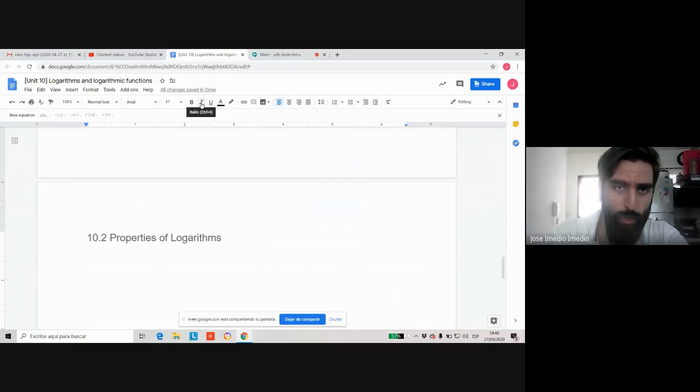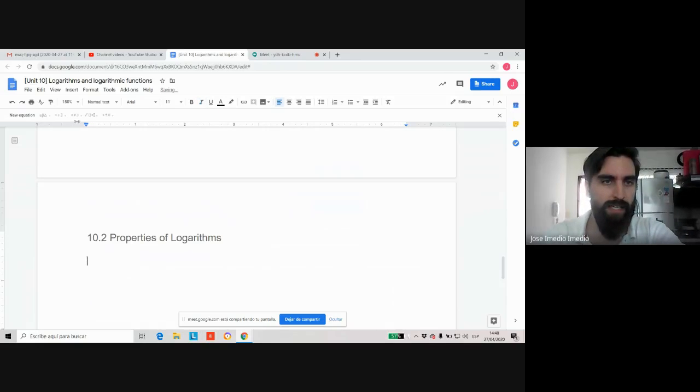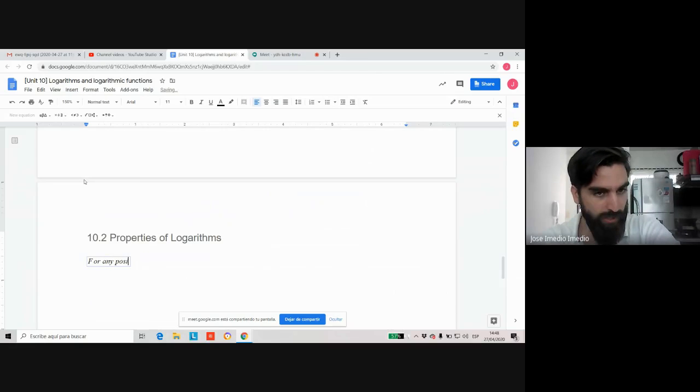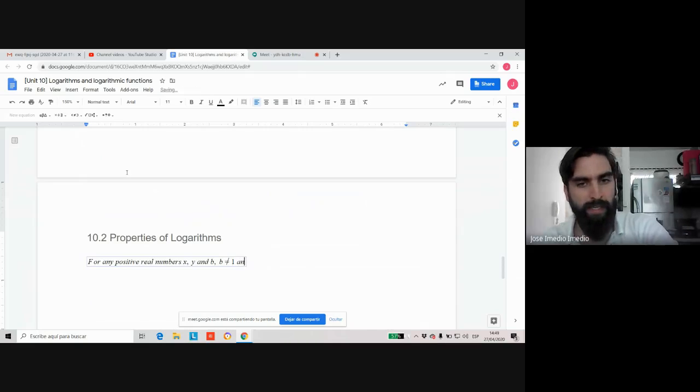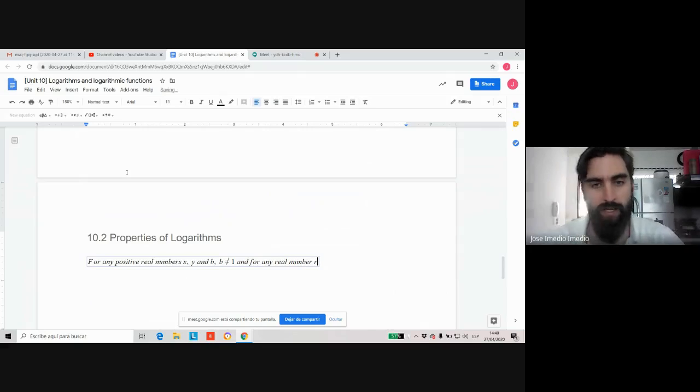This condition works for all of them: for any positive real numbers x, y, and b, b different from 1, and for any real number r.